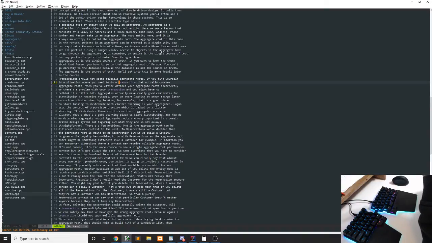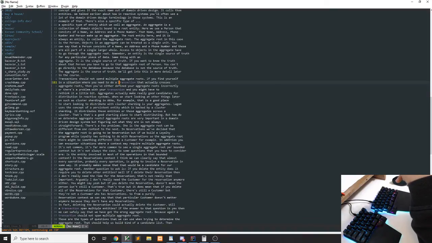Transactions should not span multiple aggregate roots. If you find yourself in a situation where you need to do a transaction that actually crosses aggregation roots, then you've either defined your aggregation roots incorrectly or there's a problem with your transaction and you might have to rethink it a little bit.